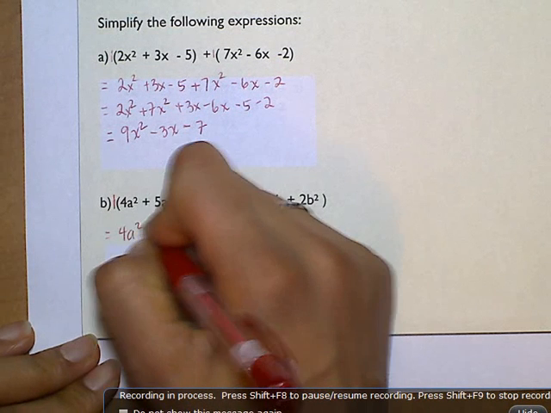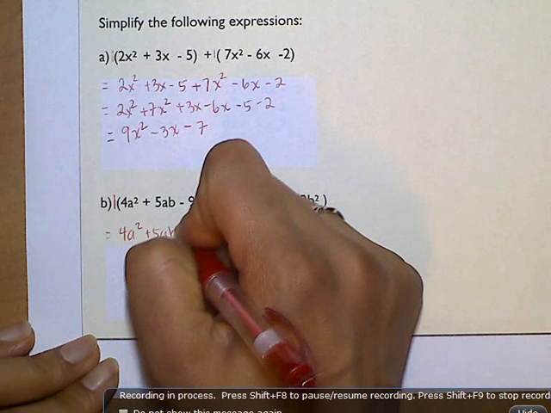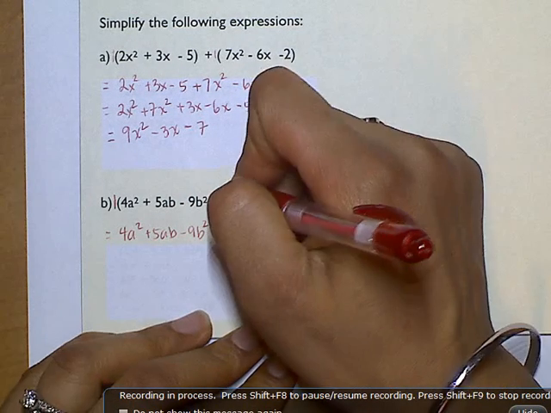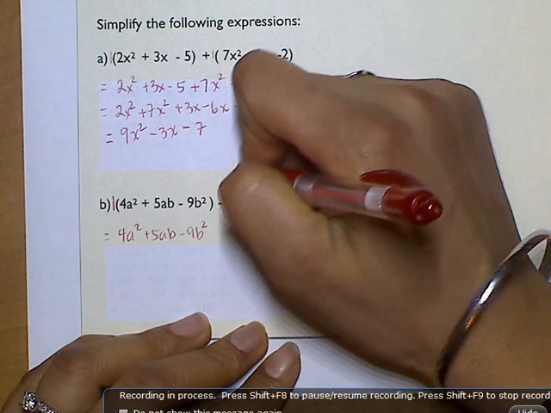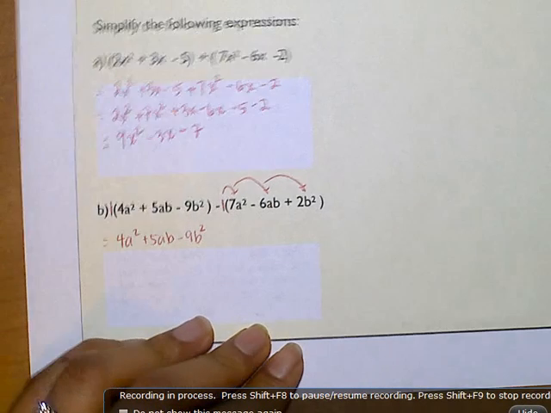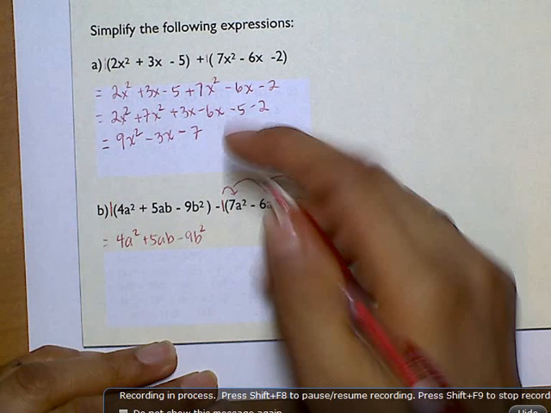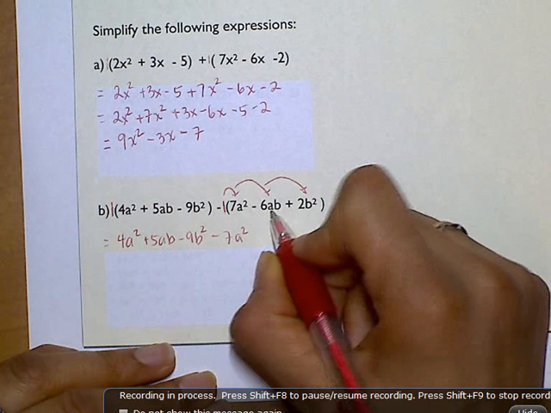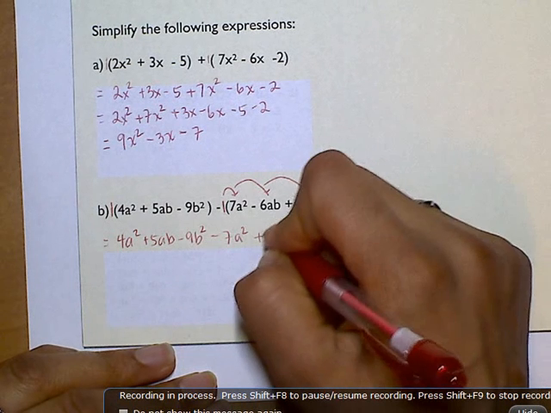So I got to distribute that negative 1 inside my brackets. So negative 1 times 7a squared is a negative 7a squared. Negative 1 times negative 6ab is a positive 6ab. And negative 1 times 2b squared is a negative 2b squared. Alright, great. So now the brackets are out. We can go ahead and collect our like terms. So like terms again, the same variable with the same exponent.